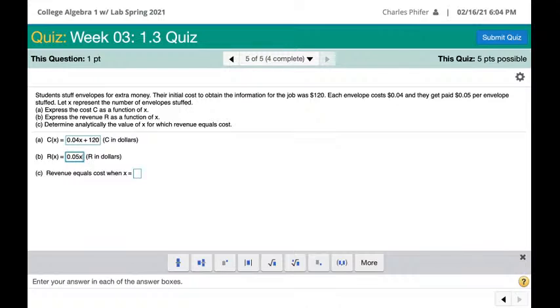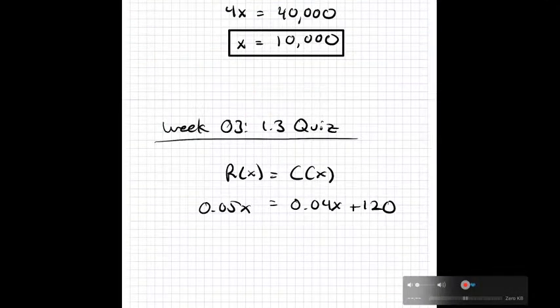So we want to see when the revenue equals the cost function. So we have 0.05x equals 0.04x plus 120. Let me hop over to the tablet so you can see what I'm writing. Now if we solve for x, I'd rather just get rid of the decimals.